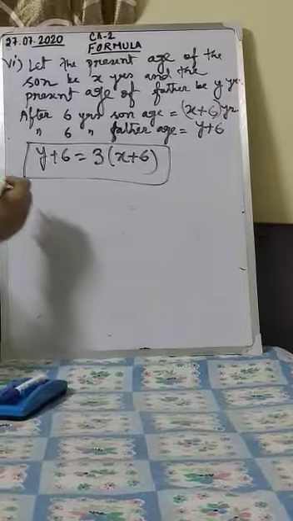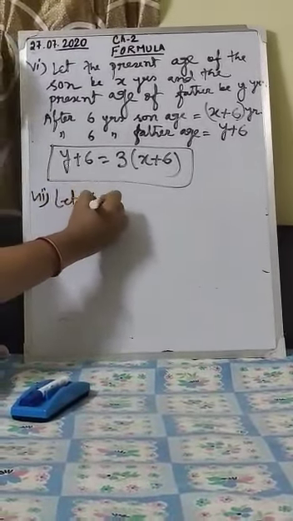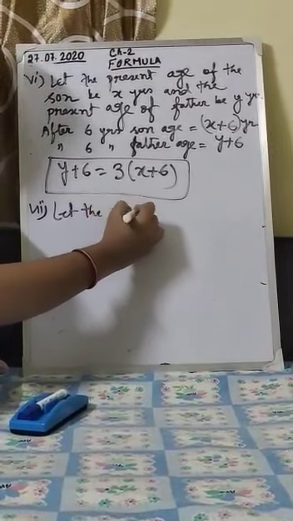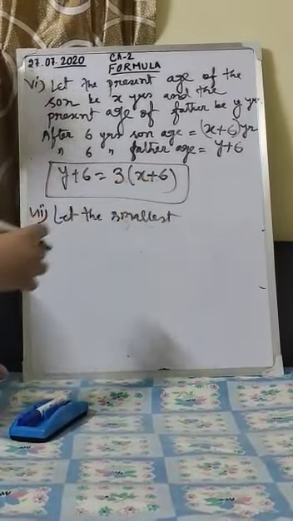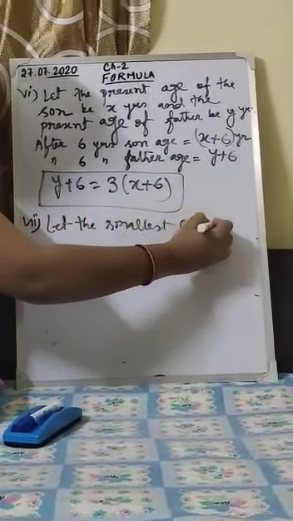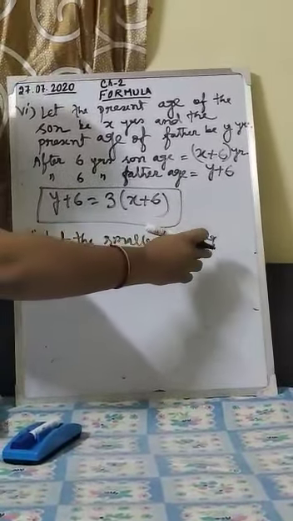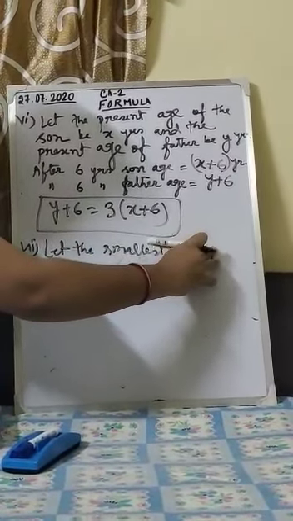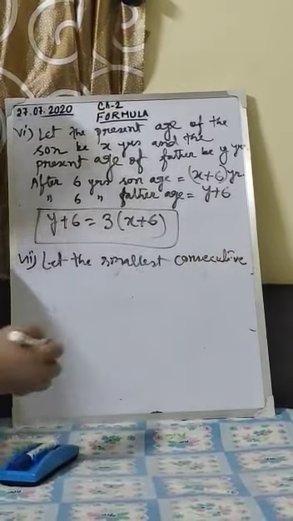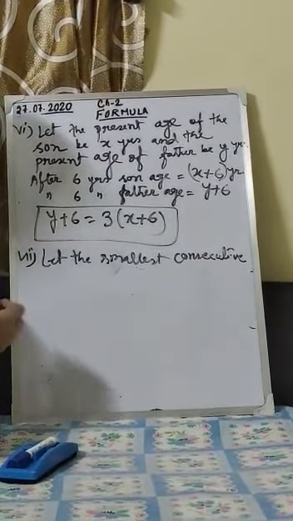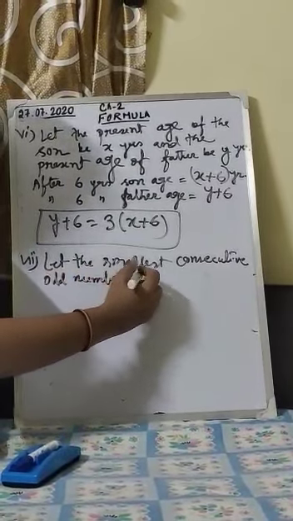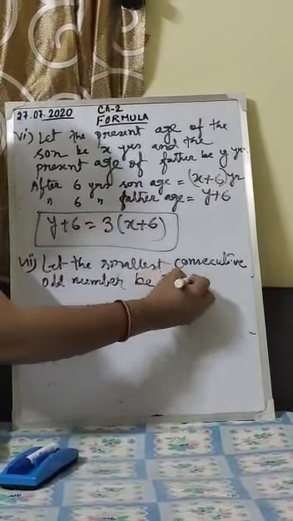So first let the smallest consecutive odd number be x.